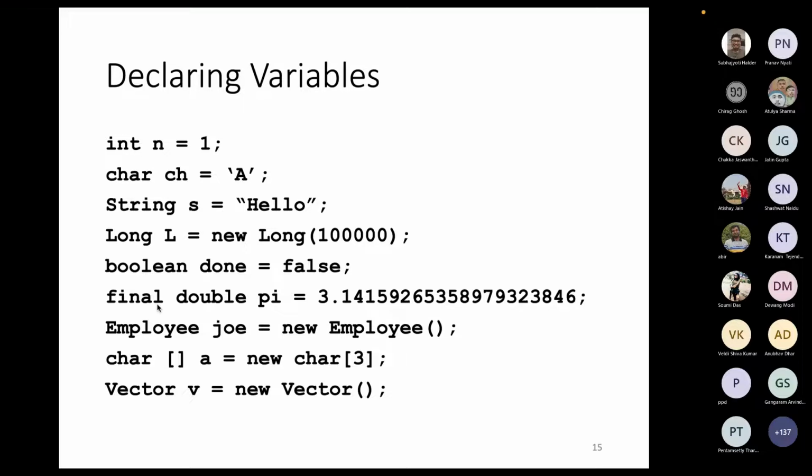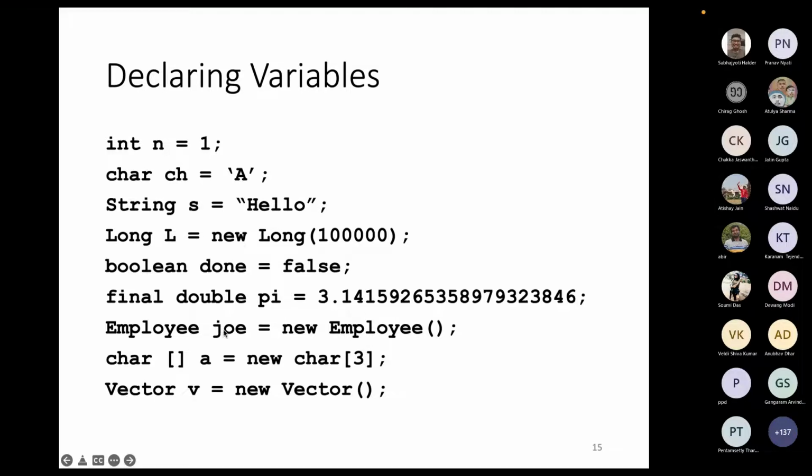That is what final means, so the value of pi is exactly this. Then this statement is again defining an instance of type employee. So it's creating a new employee. That is how it's defining an object or an instance of type employee.